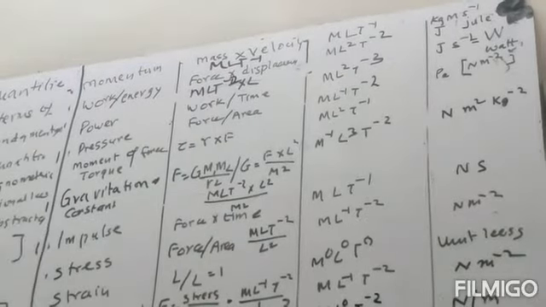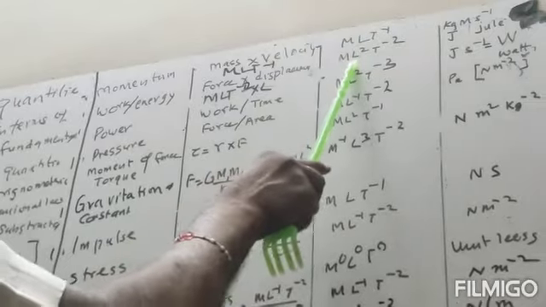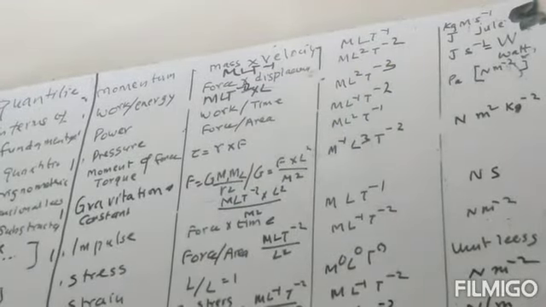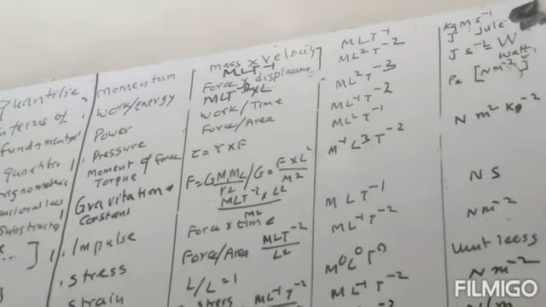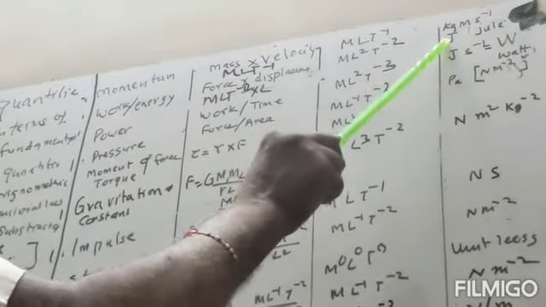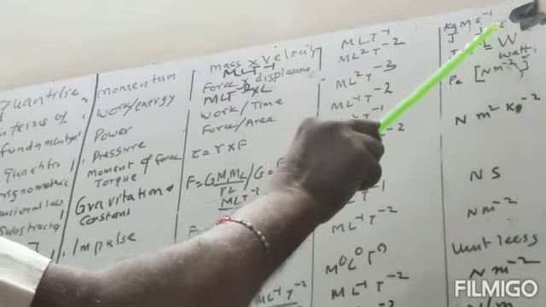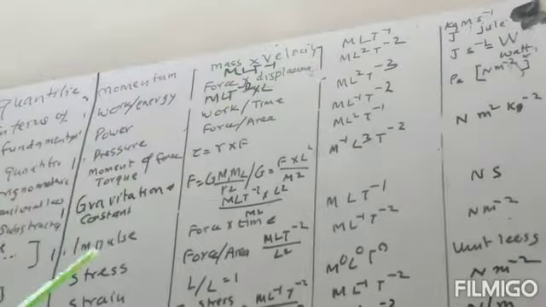So force is MLT^-2 multiplied by L, so ML^2T^-2. So this will be the dimension of energy as well as work, and the unit is joule. We write capital J or small j, joule. So we can write in both ways.